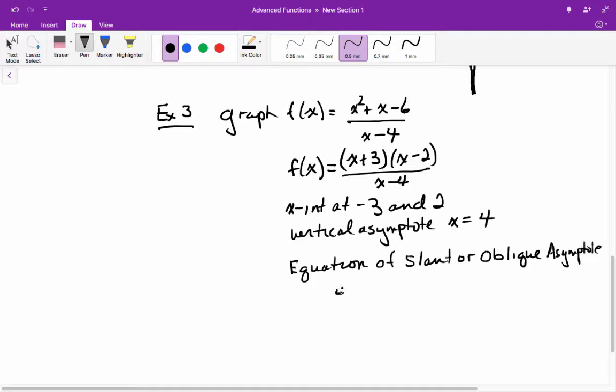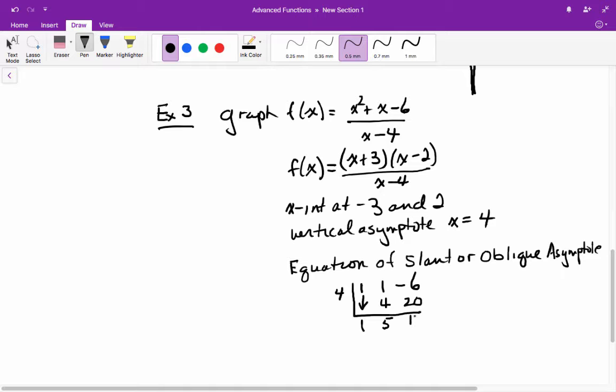we'll put 4 there because we're dividing by x minus 4. Write the coefficients, 1, 1, -6. Bring down the 1. 4 times 1 is 4. 1 plus 4 is 5. 4 times 5 is 20.